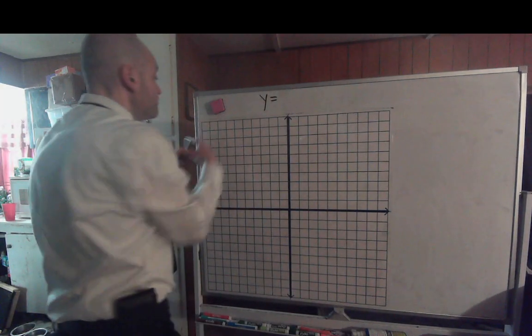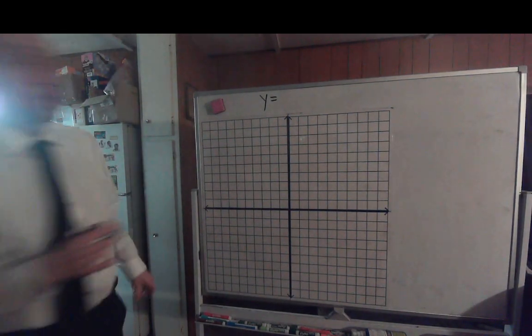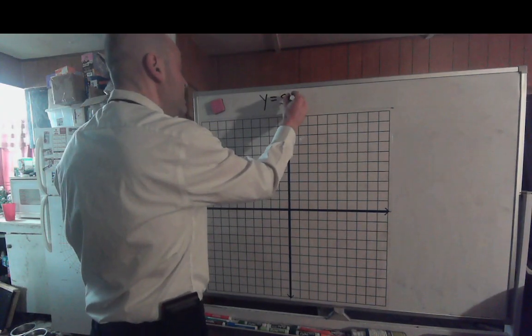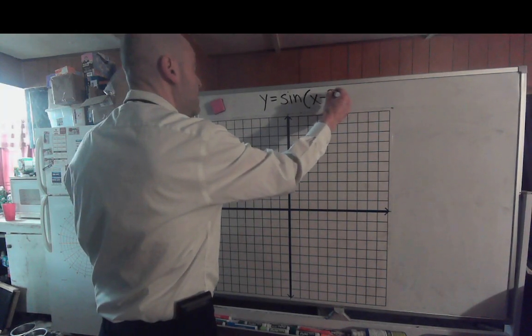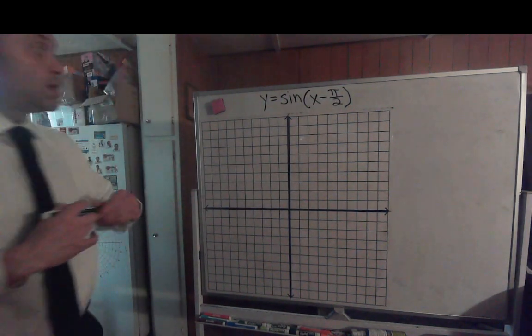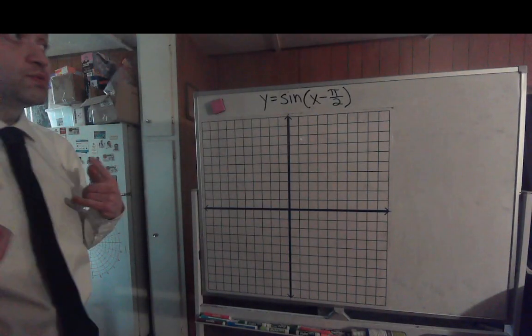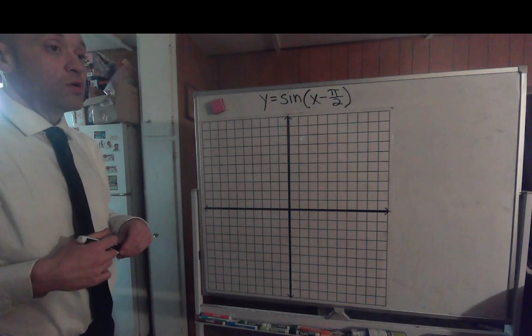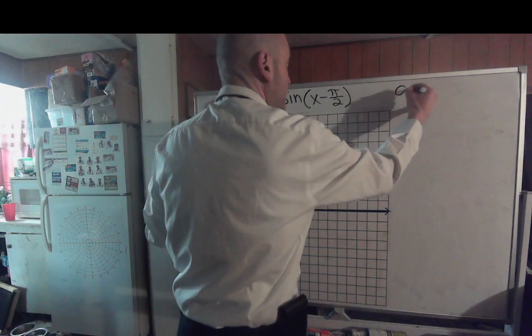All right, so y equals the sine of the quantity of x minus pi over 2. So what is our a? The coefficient on sine is 1, right?